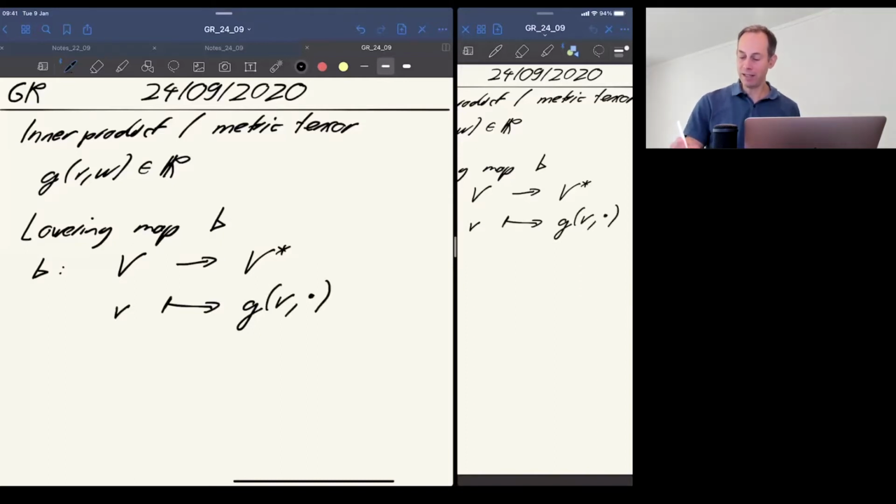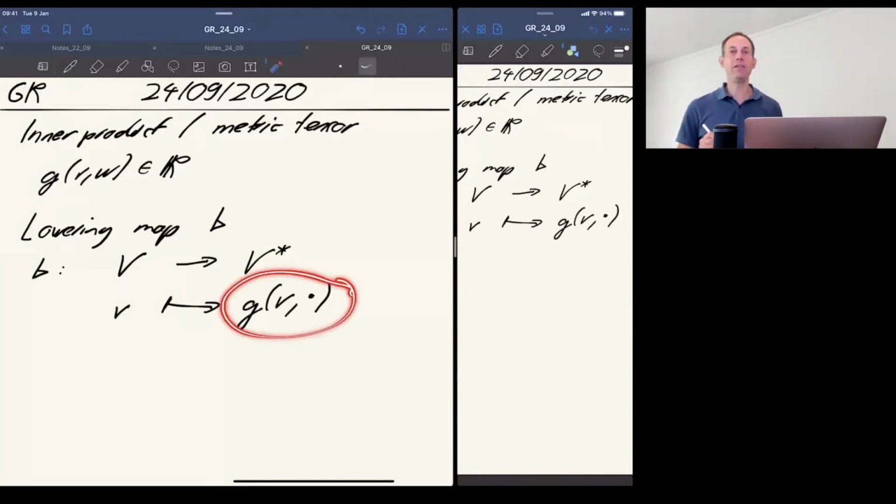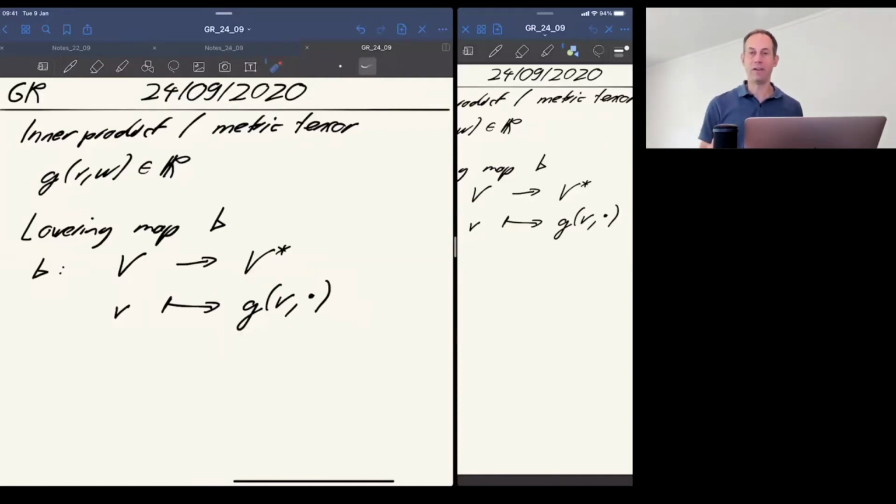So what I mean by this here is itself an element of V star. Namely, it's a linear function that takes as input something, which goes where this dot is drawn, and maps it to a real number. Because once I've inserted here something, of course, I'll get a real number.